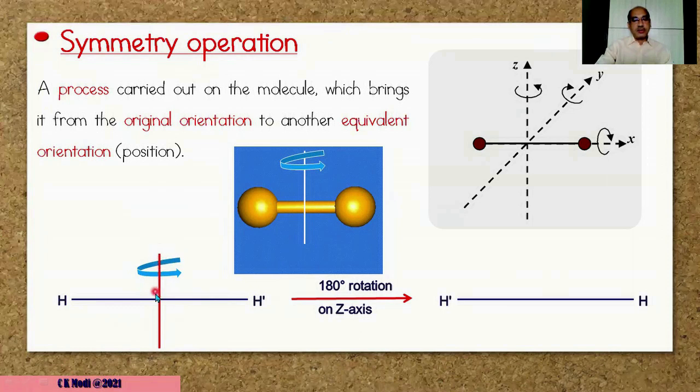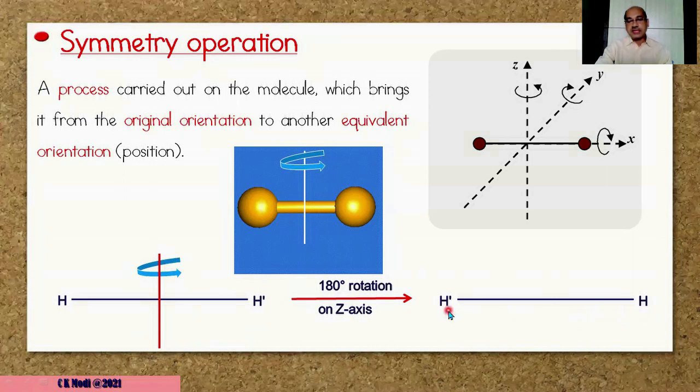If I pass an imaginary line through the center of that molecule and rotate it through a certain degree of rotation, then H changes to H prime, or H prime changes to H. After performing these cyclic operations about the z-axis at around 180-degree rotation, this H comes over here and H prime comes over here.